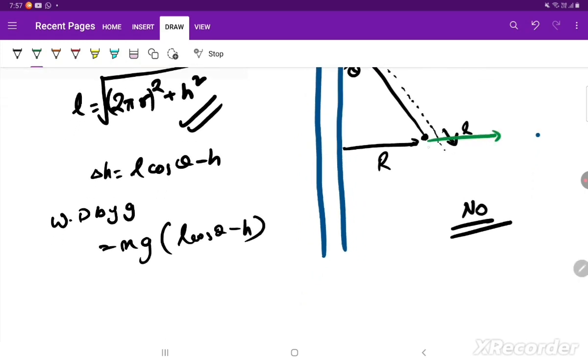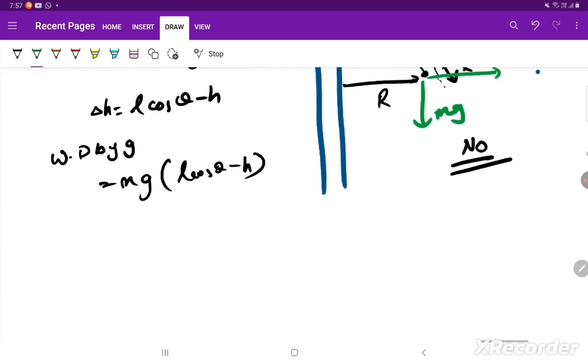Now you see that it's circling, so there will be force balance also. By force balance, you can say that mv square by r is equal to mg tan theta.